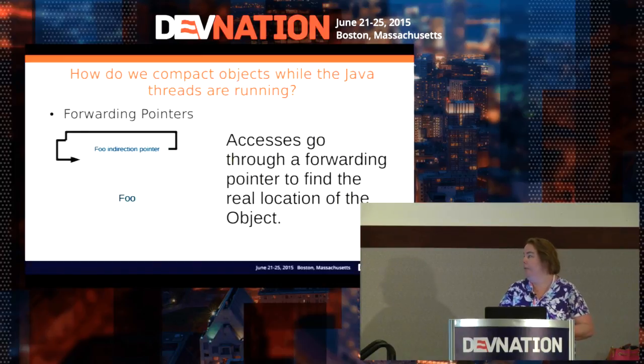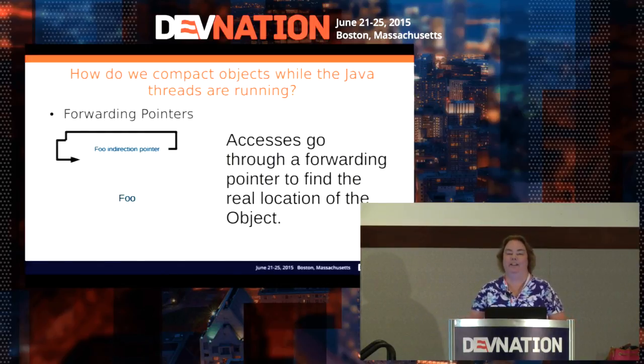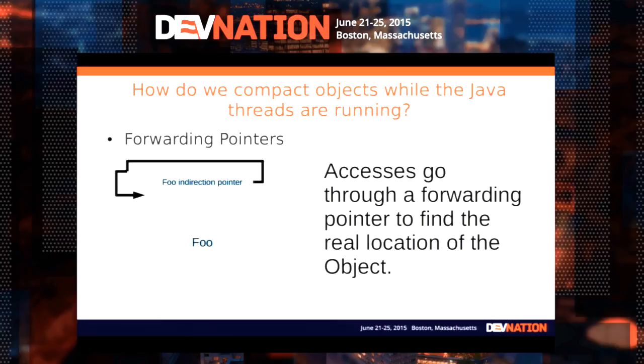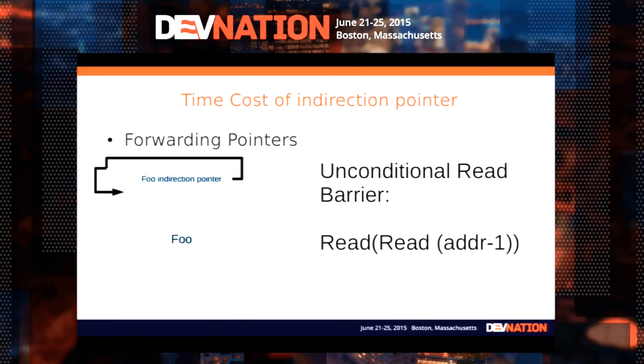So how do we compact objects while the Java threads are running? Like all problems in computer science, I love this line, we added a level of indirection. When we allocate objects, we allocate a single pointer preceding the object that tells you the current address of the object. So all accesses go through that forwarding pointer.